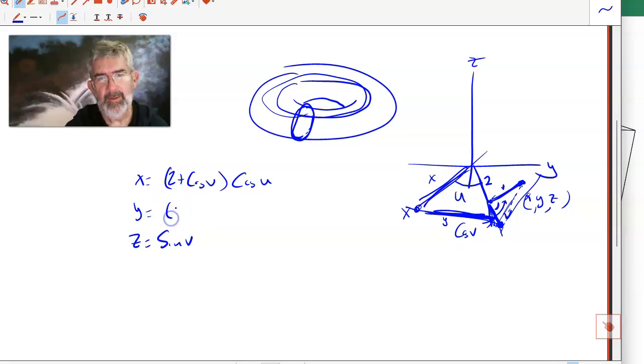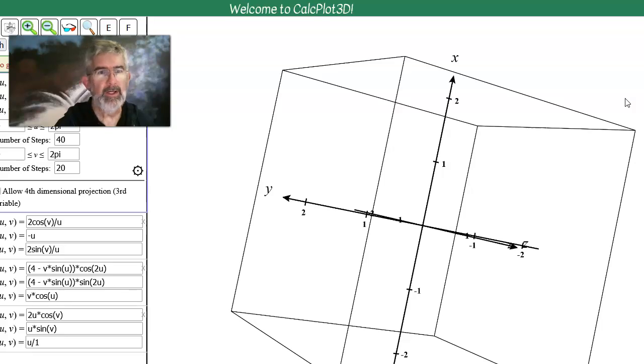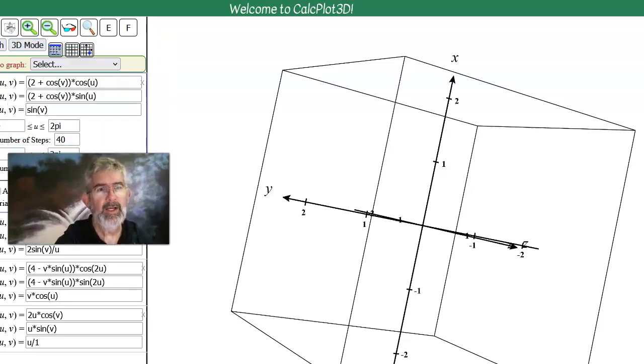And again, the hypotenuse is 2 plus cosine v, and then multiply by the sine of u. So this should be a parametric representation for that torus.